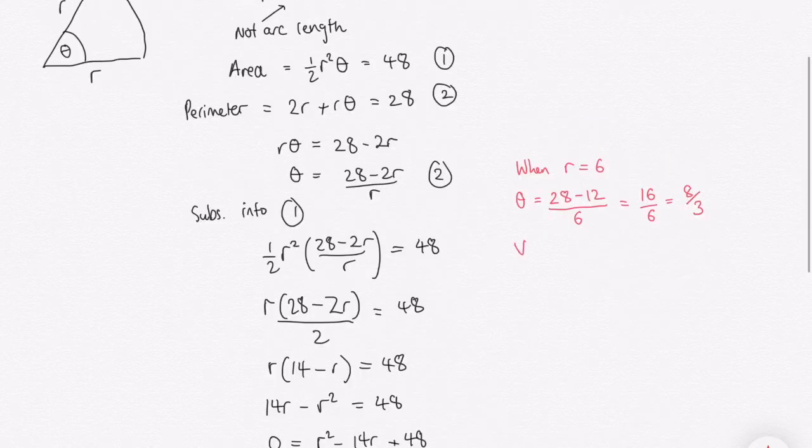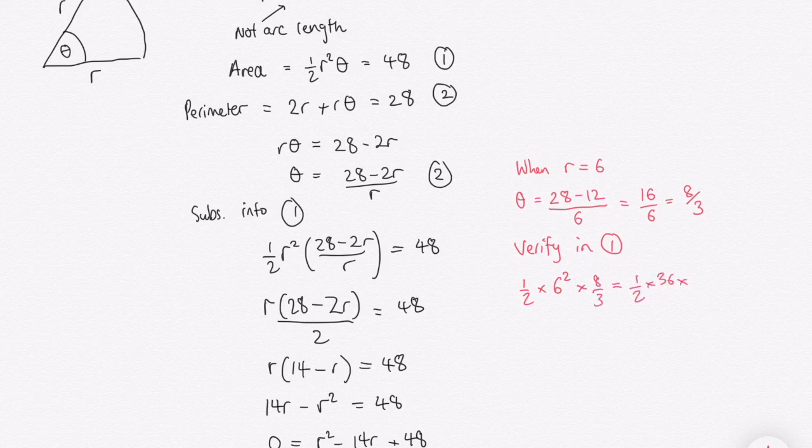So verify in 1: a half times r squared, which is 6 squared, times theta, which is 8 over 3, is equal to a half times 36 times 8 over 3. Well, 36 divided by 3 is 12, 8 divided by 2 is 4, so this is 12 times 4, which is 48, as required.